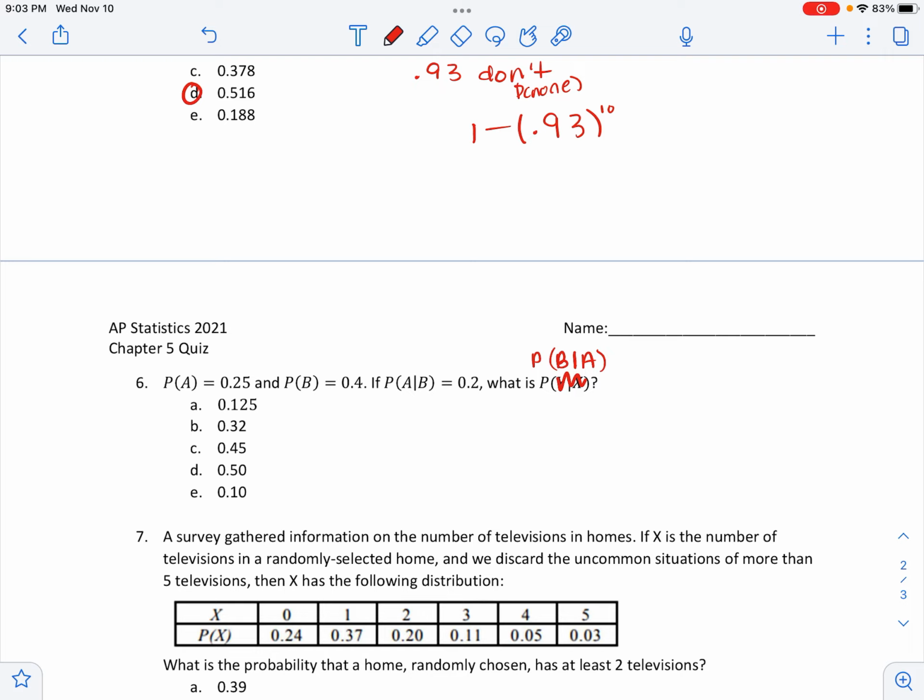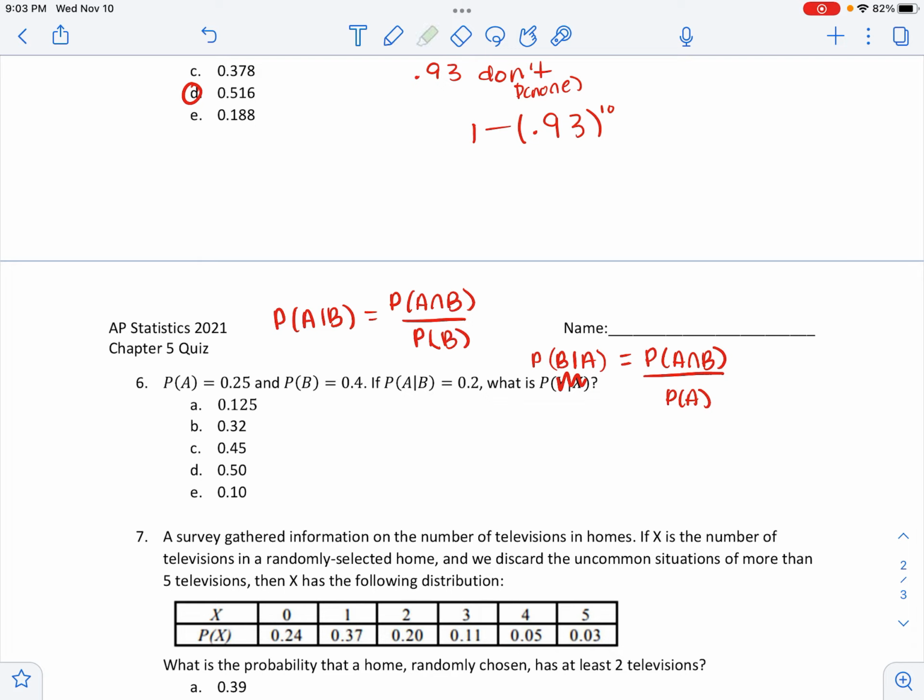I know, based on our formula, that the probability of A given B is equal to the probability of A and B over the probability of B. And I know the probability of the one that I'm trying to find is the probability of A and B over the probability of A.